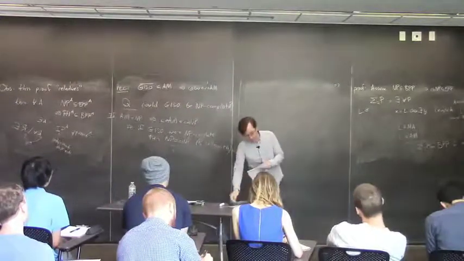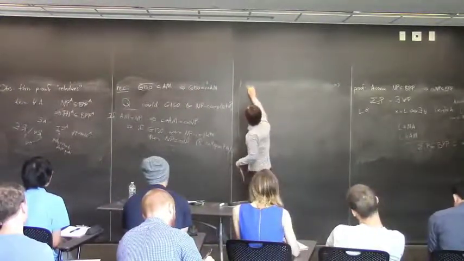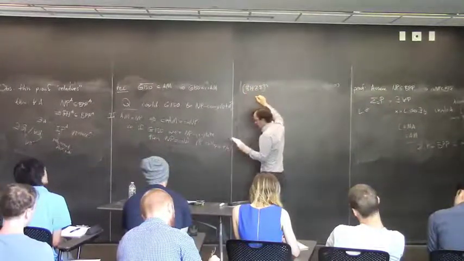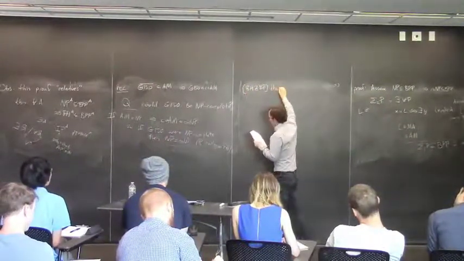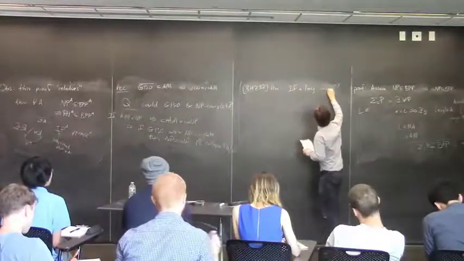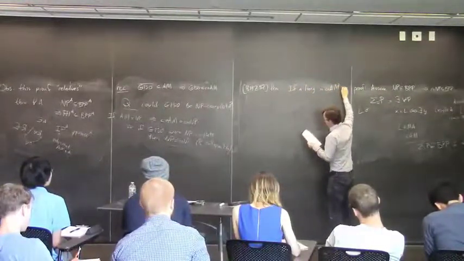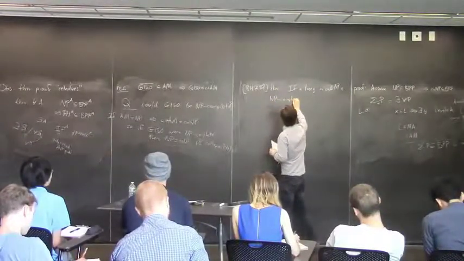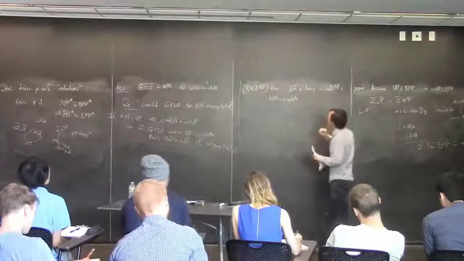This is called the Boppana-Håstad-Zachos theorem from '87. And it says this. If a language in co-AM is NP complete, okay, so for example, if graph isomorphism were NP complete.